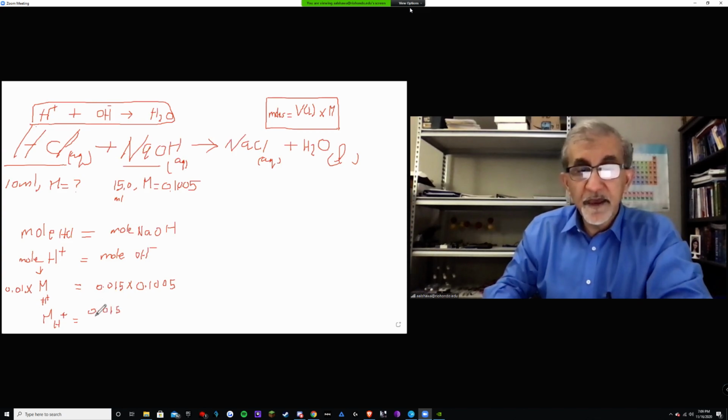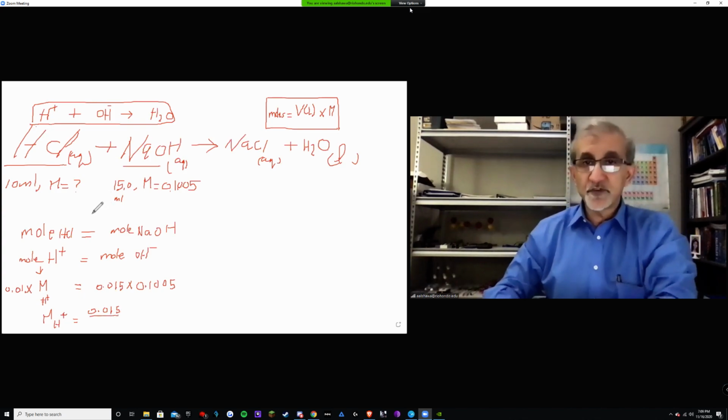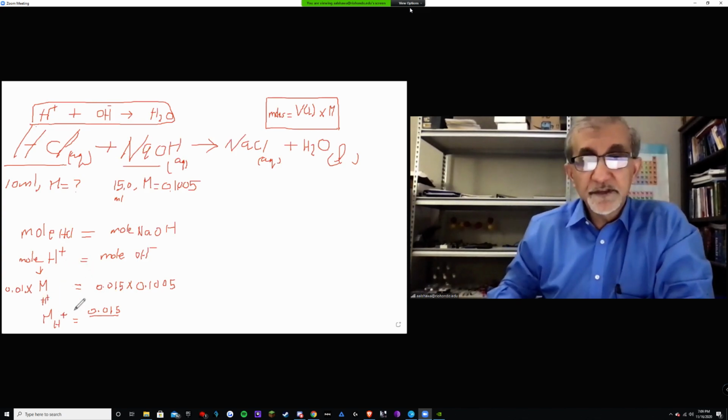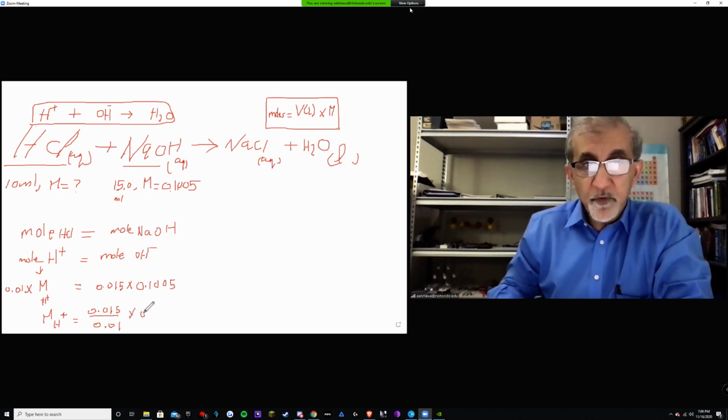So based on that example, this is not a true calculation. It's not a true titration as of yet, but I just want to show you what it takes to calculate the molarity of the unknown acid, divided by 0.1 times 0.1005.